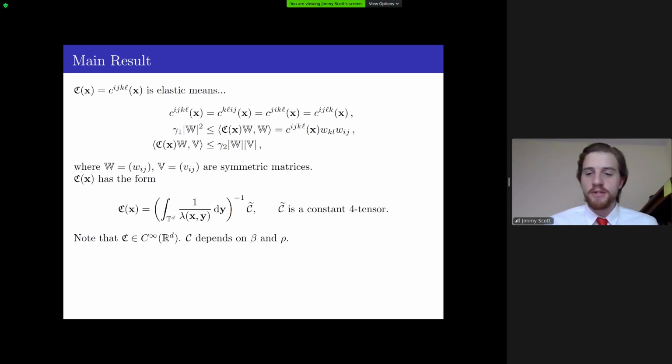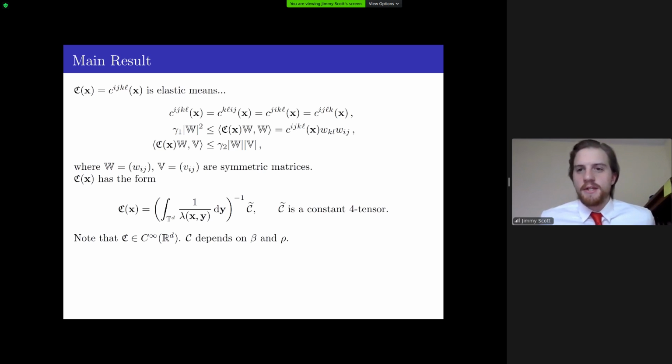And so its particular form is that it's equal to a function of x times a constant tensor. The form of the function of x closely resembles what you see in classical local elliptic homogenization problems, that is, the inverse of some averaging of the inverse of your coefficients.